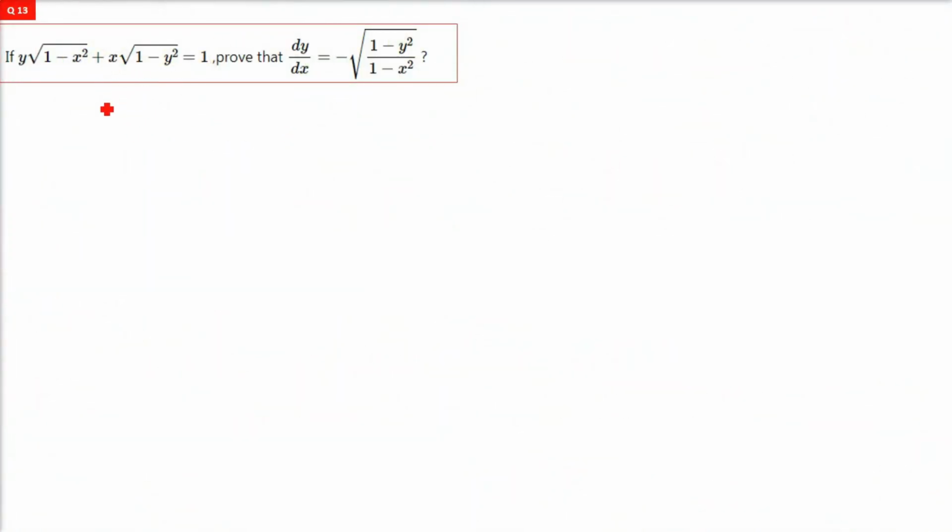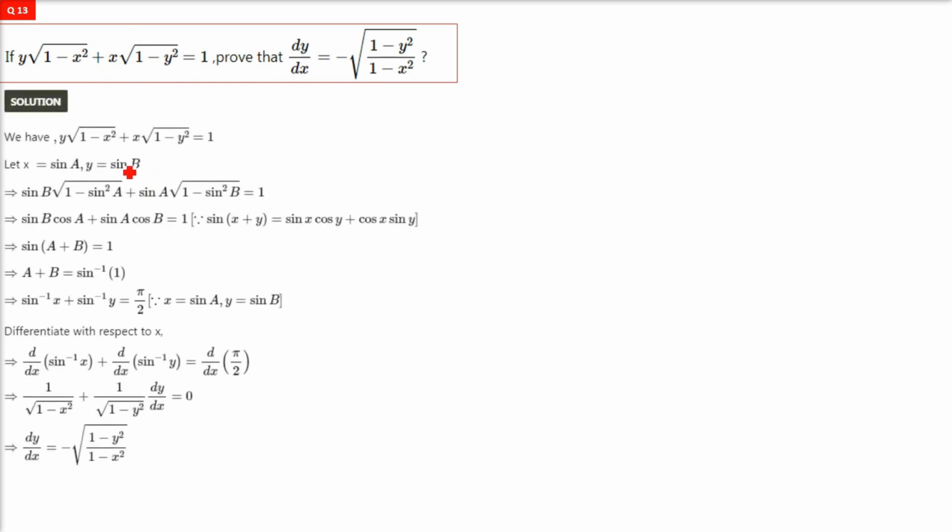So this question, we can do it by substitution, or we can do it directly. We will come across a question where we will do it directly, but these questions, when we substitute, become very easy. So what we will do here is, x we will put as sine A. Why? Because it is under root 1 minus x square.